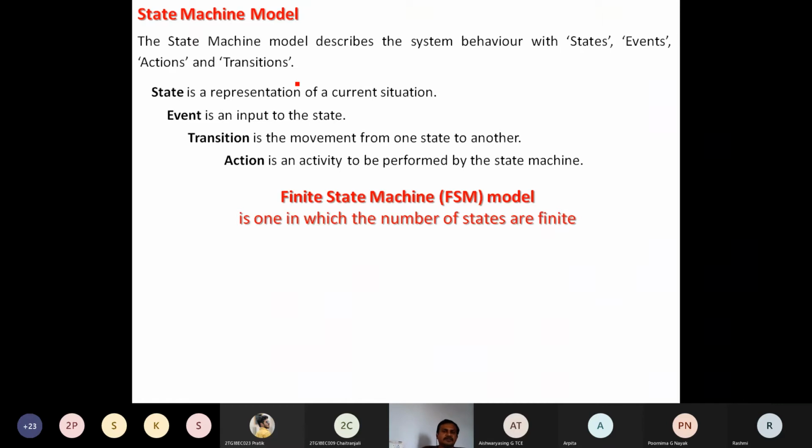We divide the various situations into a number of states. Various situations are nothing but right click or press, what I said about the keypad button. Button holding is one situation, one state. Button released is one state. Holding is one state, releasing is one state, pressing is one state.